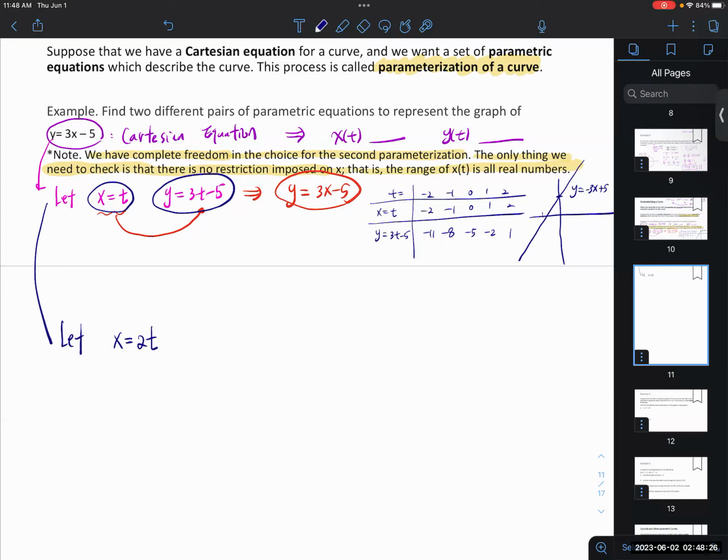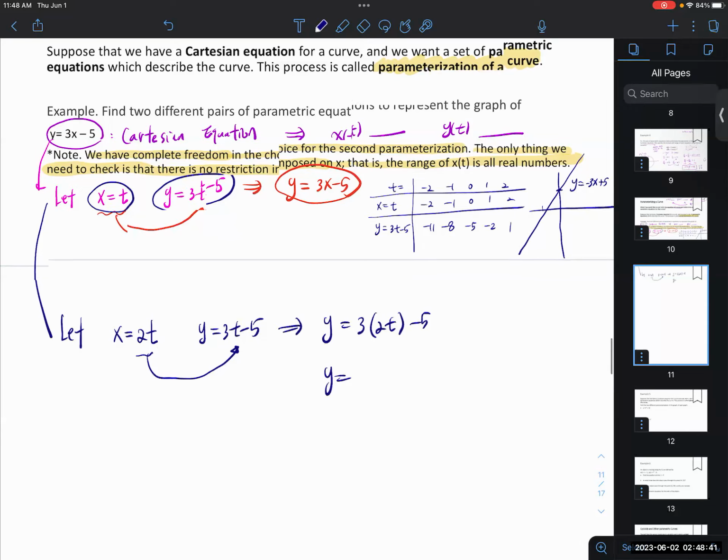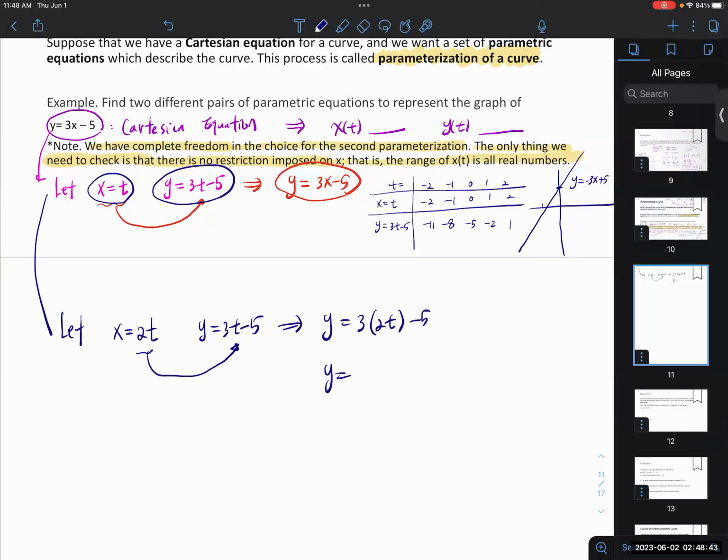And then I'm actually going to solve for t, my bad.